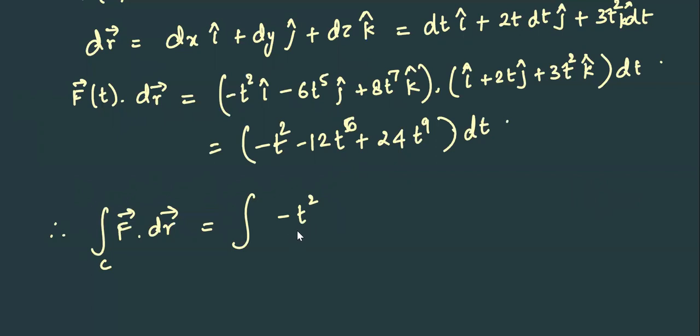So this is minus t square minus 12 t power 6 plus 24 t power 9.